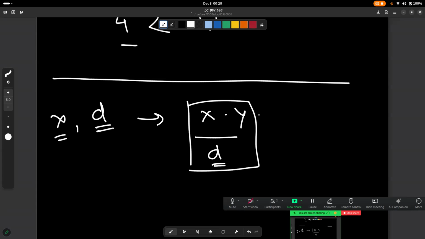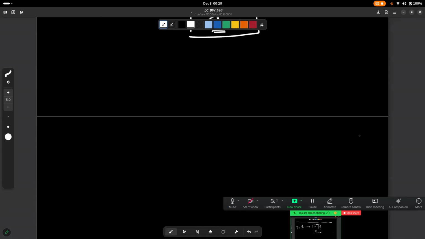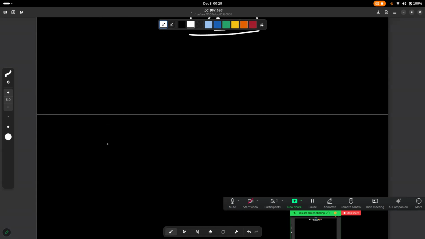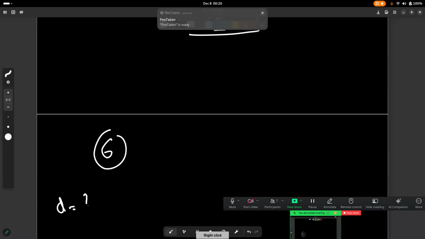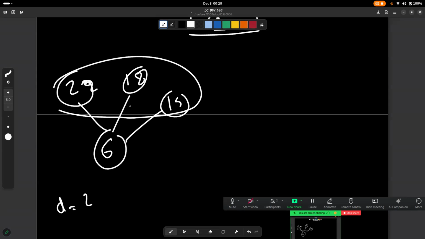Now my problem was that there can be a very large number of such Y. If say this X was 6 and my D was 2, then from 6 I can go to 14, I can go to 18, from 6 I can go to 22, and I didn't want to explore such a large number of nodes, because I want to optimize my solution. I can't have an O of n square solution.